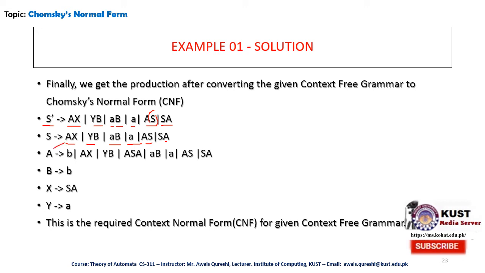As you can see that we have B's as well, so we can replace B's with small b, and we can replace this X non-terminal with SA. Here you can see this is also a non-terminal as an A, and we can also replace this non-terminal with YA.